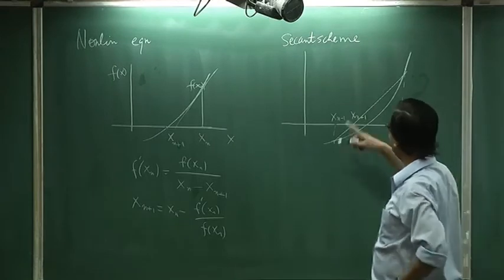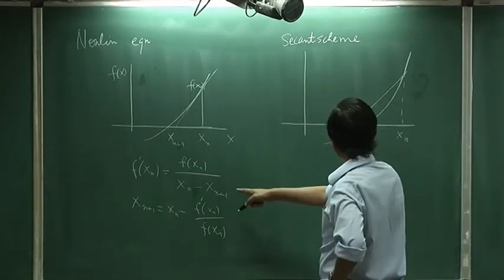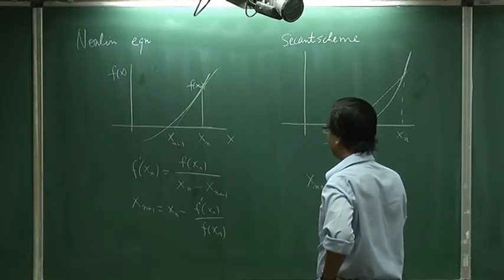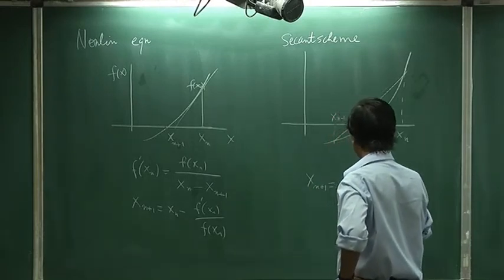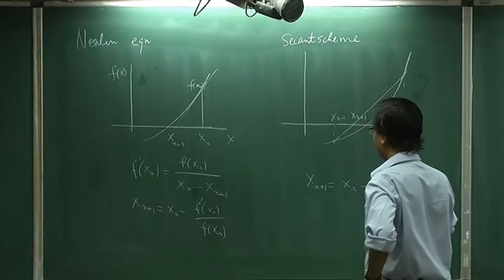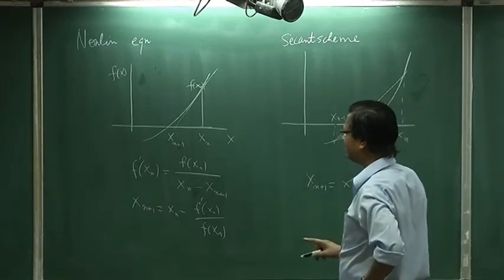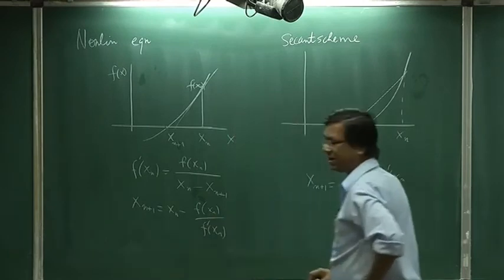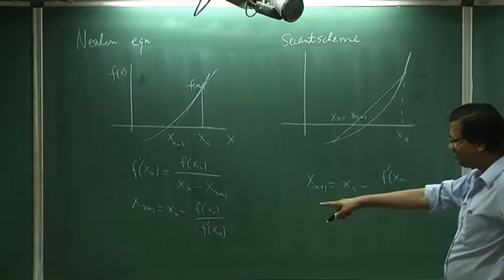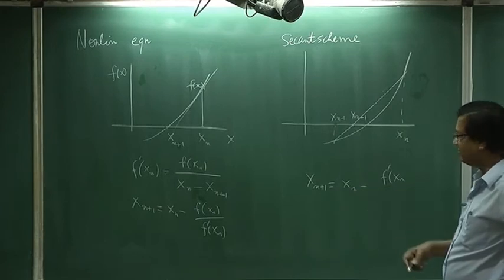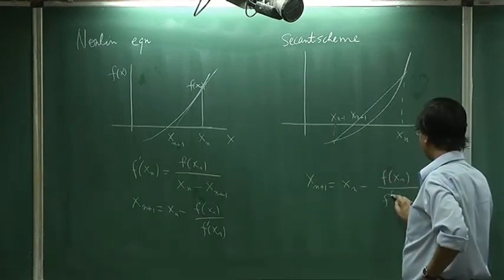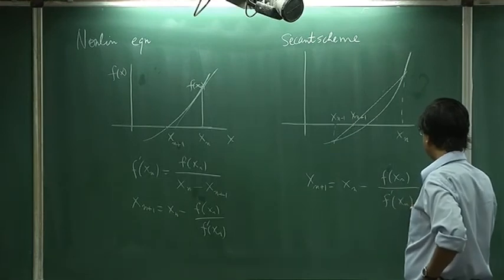So how do I write the formula now? It is motivated from here. So xn plus 1 equals xn minus f of xn divided by f prime of xn.